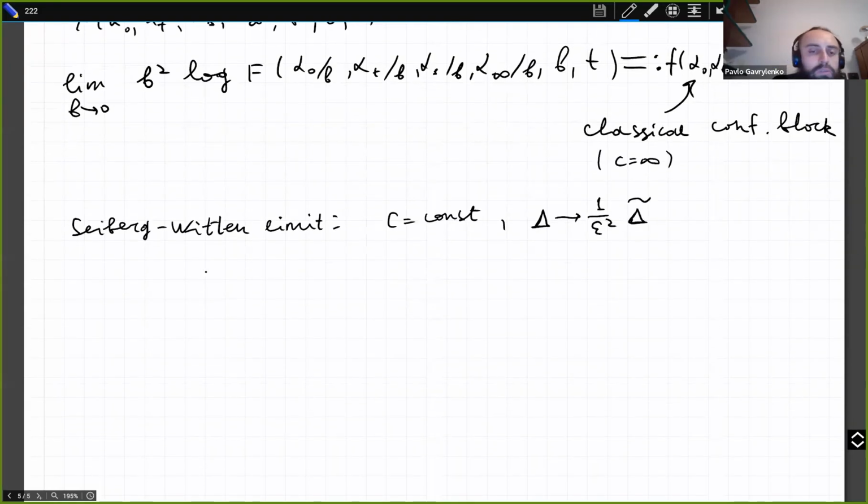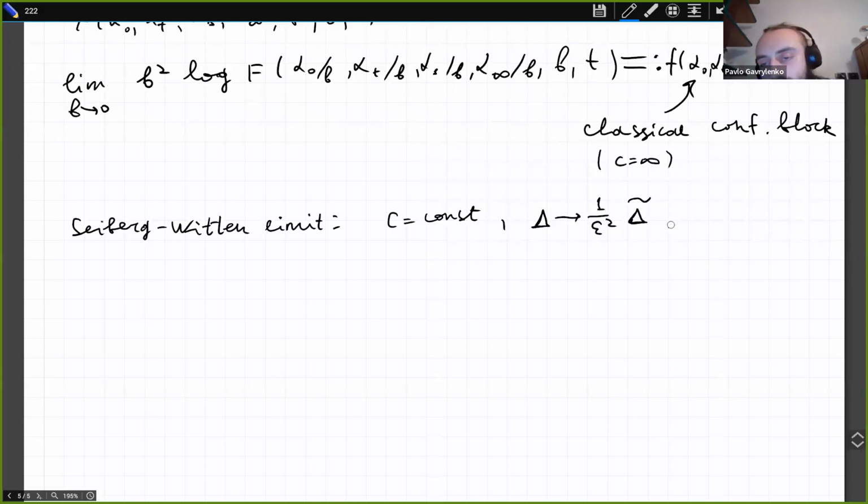So those two limits can be taken, and in principle you can still perform the Gavrylenko limit here, because if you send dimensions to infinity faster than the central charge, it will correspond to the Gavrylenko limit taken from the classical conformal blocks.